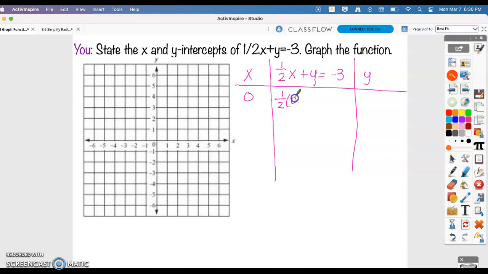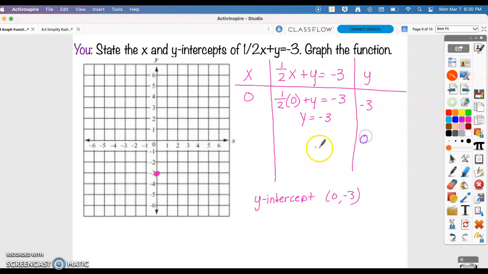So 1/2 times 0 plus y equals negative 3. 1/2 times 0 is 0, so we're left with y equals negative 3. It's always nice when it does that. So that is my y-intercept, (0, -3). So I go to 0 for the x, down to negative 3, put a dot.